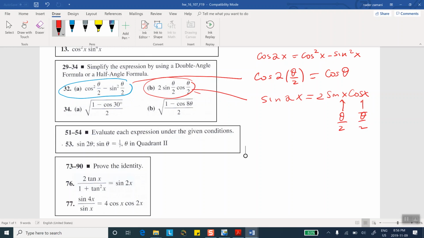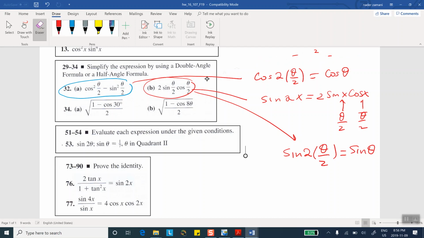That means the answer to this is sine of 2 times theta over 2, which is sine of theta. So that takes care of 32a and b. Let me clean these up. I don't need these anymore.